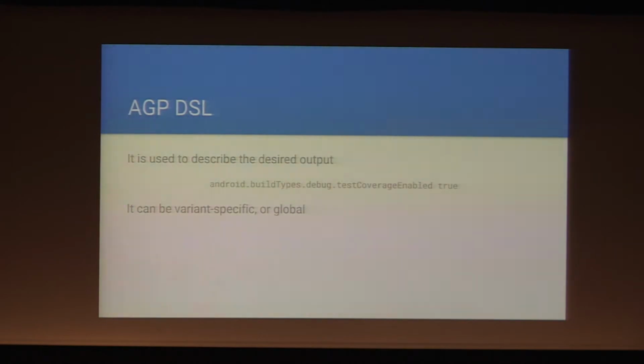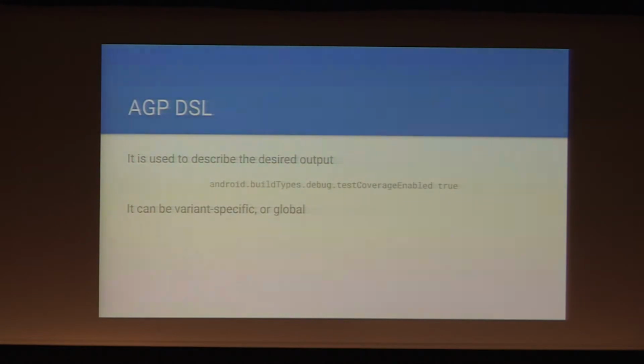Basically, if you want to have your bytecode instrumented for test coverage data collection at runtime, then you would specify android.buildtypes.debug.testCoverageEnabled equals true. Well, that was a mouthful, but it basically says that the Jacoco task is going to run, and that Jacoco is going to instrument your bytecode with all the things that are necessary in order to collect this coverage data at runtime.